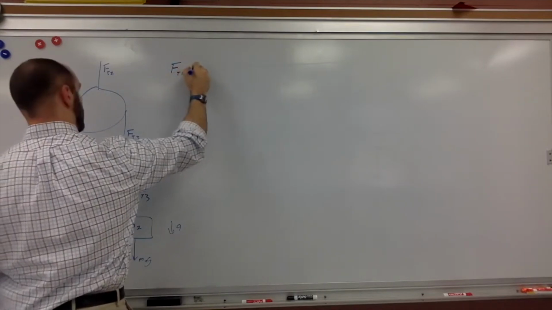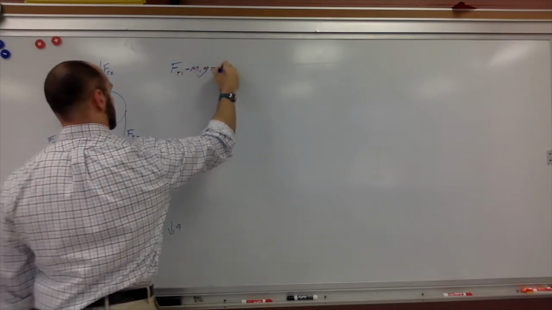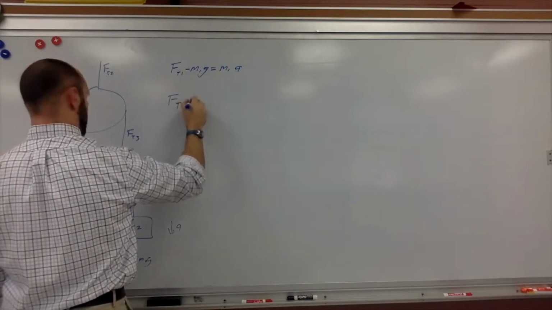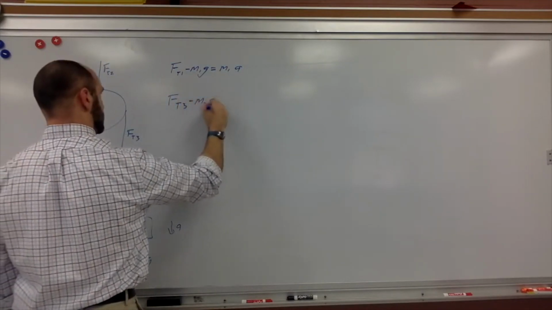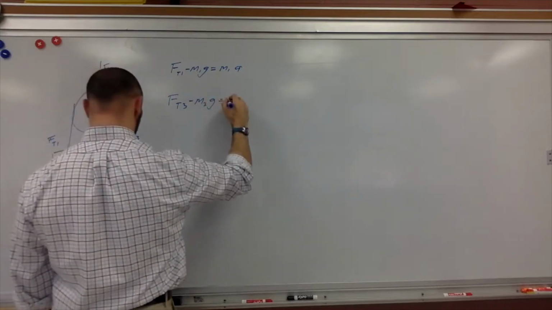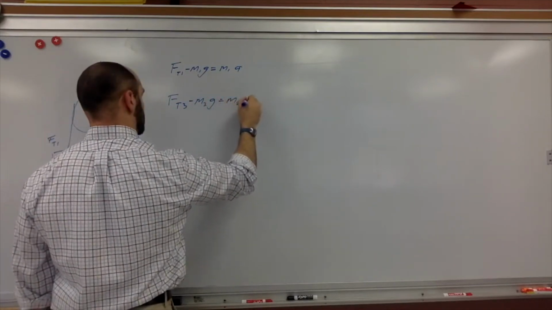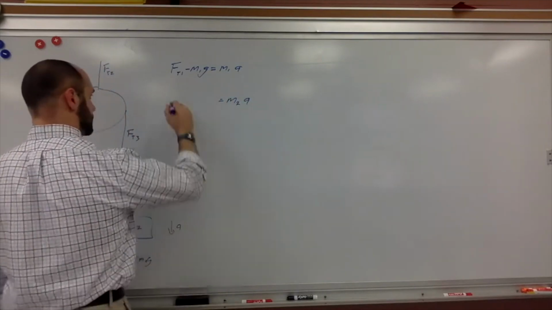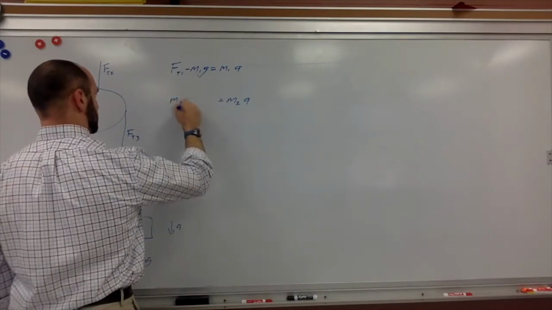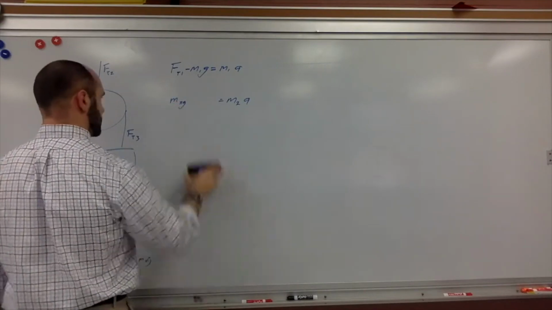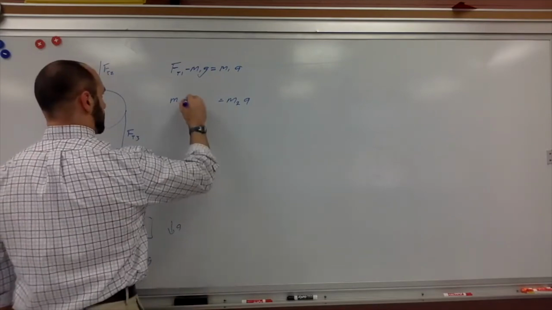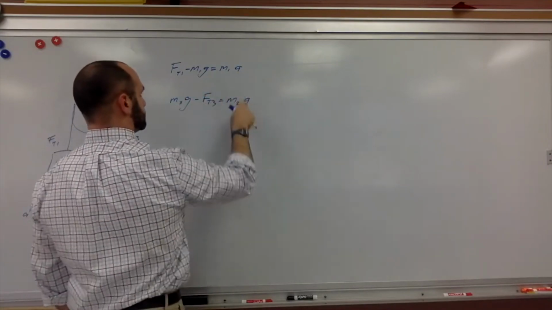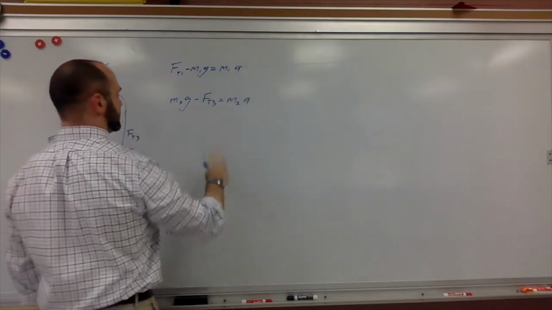So ft1 minus m1g is going to be m1a. Okay, and then ft3 minus m2g is going to be m2 times a. You know what? I'm actually going to flip this because this m2g is more: m2 times g, sorry, minus ft3. Now they're all equal to a.